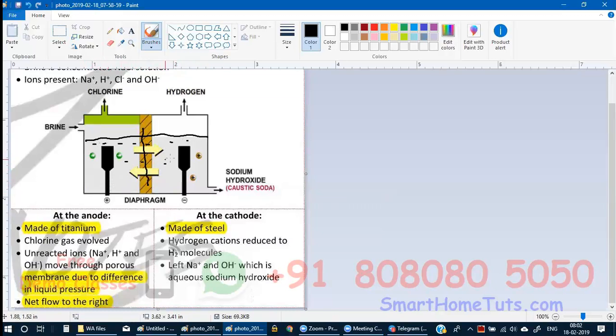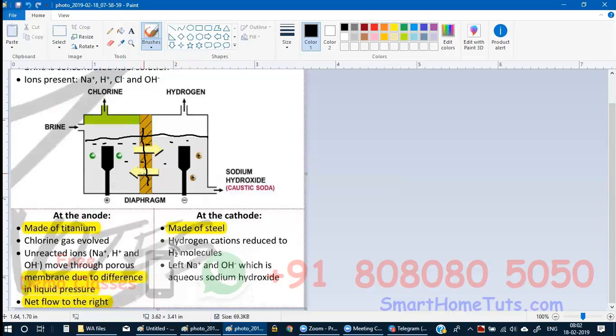But because here these substances are formed, chlorine and hydrogen, there will be a change in concentration of substances on either side. Why? Because here these substances, of course, they are getting evolved, chlorine and hydrogen, and because here a porous spot is there, ions which are there can travel in whichever direction to balance the concentration.